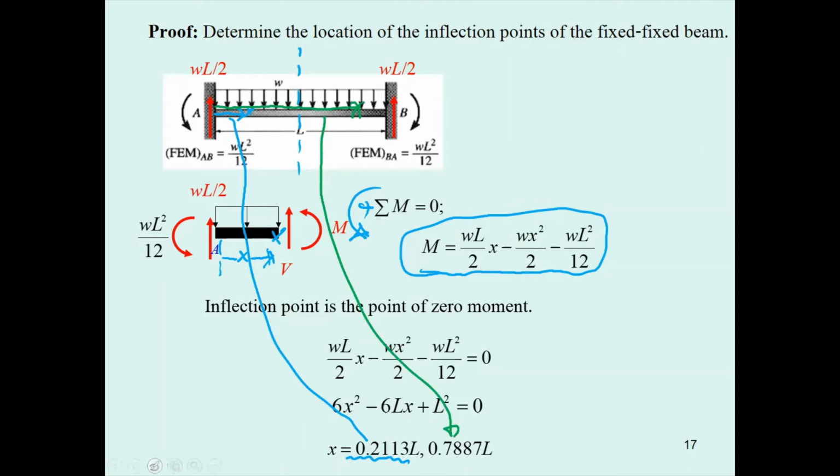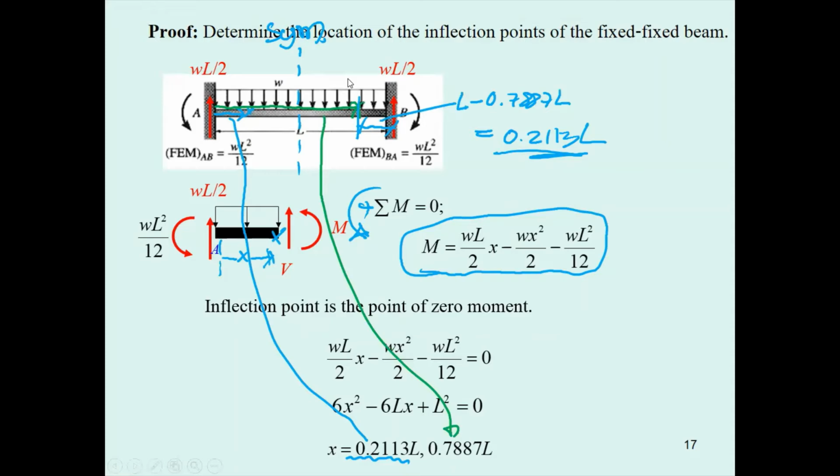And then if you subtract this L by 0.7887 L, you will get this one for 0.2113 L, which they are equal, due to the symmetry of this beam.